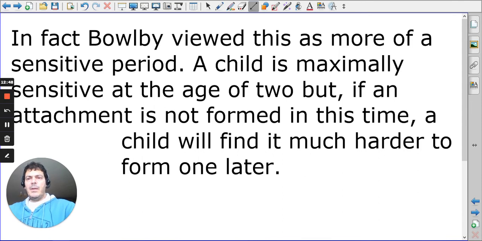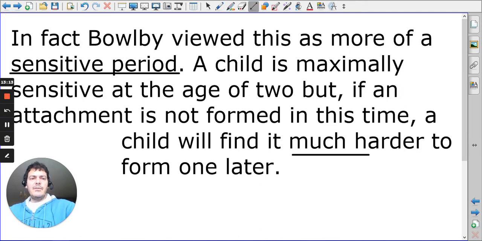And so when people criticized some of the ways that he spoke about this, he also refers to the sensitive period within the critical period, and that becomes quite important. So it says here, the child is maximally sensitive at the age of 2, but if an attachment is not formed at this time, the child will find it harder to form one later.